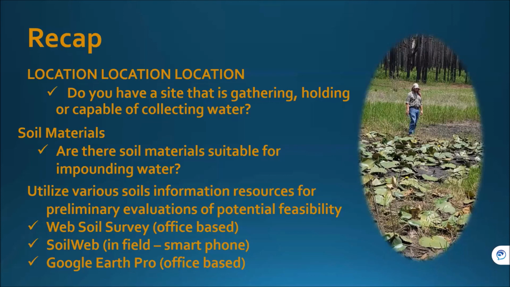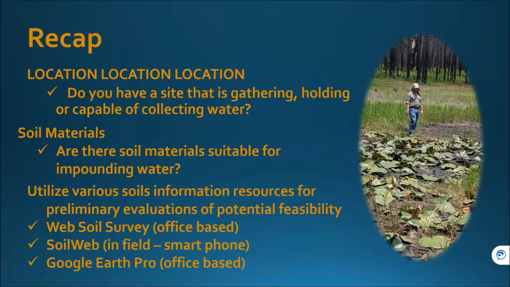So just to recap, it's all about location. Are you in a site that has the potential for doing all these things that our landowner is envisioning? And then soil materials, going back and looking at all those physical properties and are they suitable for impounding this water?